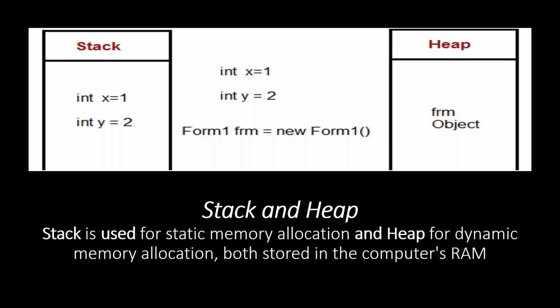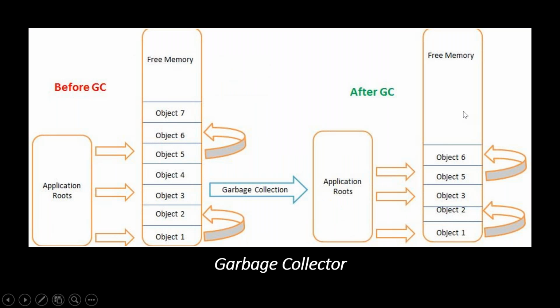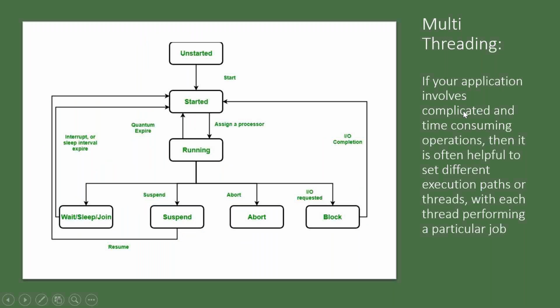Then after that, one more concept is multi-threading. When we send a request to the server and it takes more time to process, the system will be idle during that time, and the user cannot wait.